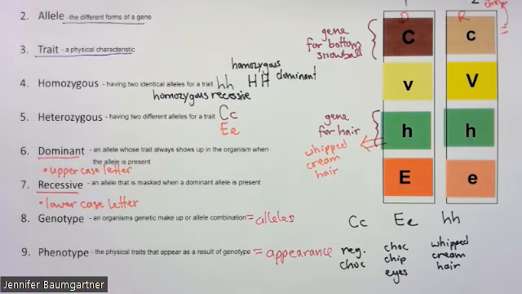All right, so let's just do a recap here. What are we talking about in this video? We're hitting all of these important terms that we're going to use again and again. We started off with a trait, that's something that we see, and we have genes that cause that trait to appear. And we're going to talk in the next video about how that happens. We're going to review the fact that genes code for proteins here in just a little bit.